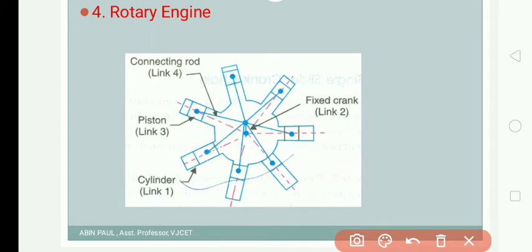So that is what a rotary engine is. We have 6 cylinders, 6 pistons and 6 connecting rods. The pistons reciprocate as the engine rotates. That is the rotary engine.